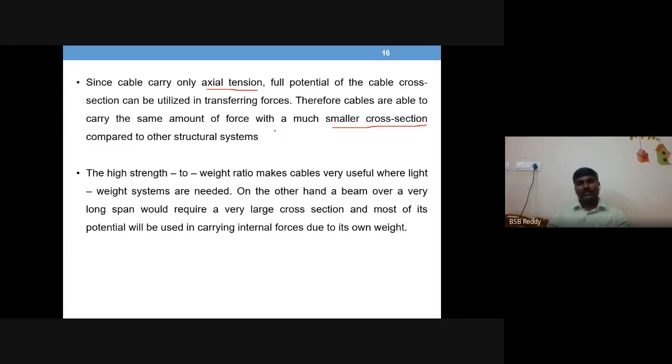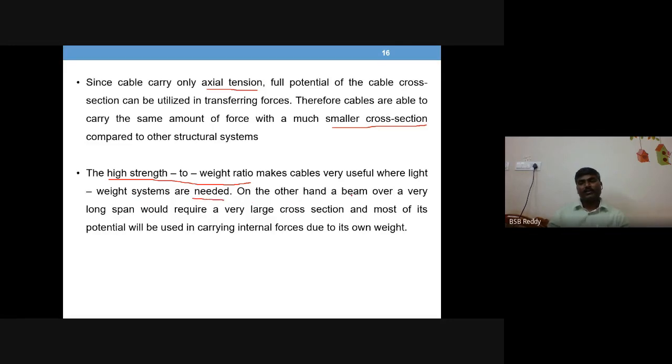That's why for the same amount of force, you can reduce the cross section. Put the other way, it is a high strength to weight ratio. High strength to weight ratio makes cables very useful where lightweight systems are required.